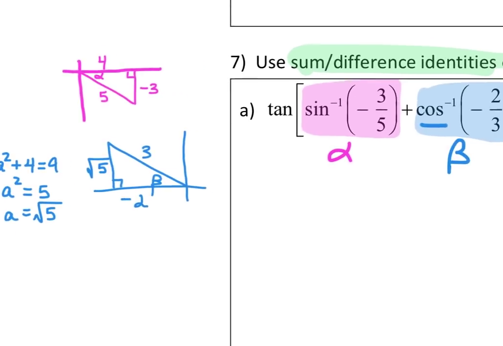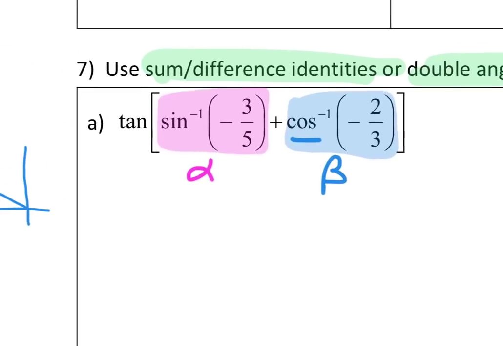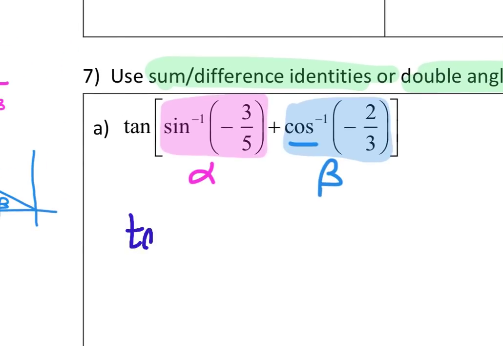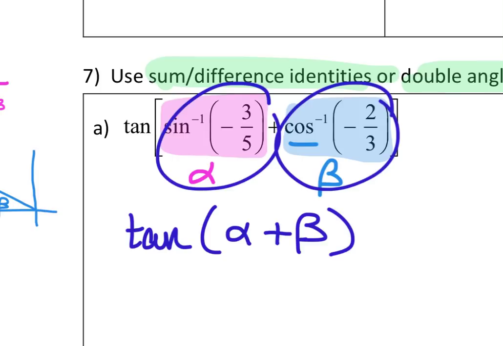So now that you have your triangles drawn, let's talk about the formula that we're looking for. Here we've got a problem that's asking us for the tangent of alpha plus beta. This is alpha, this is beta, and there's that plus sign in the middle.